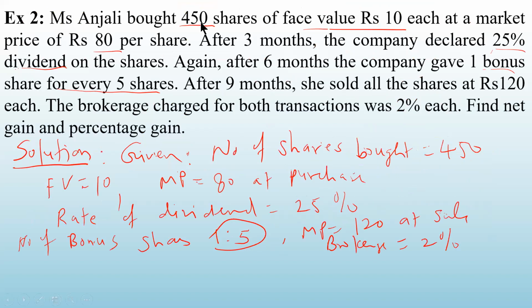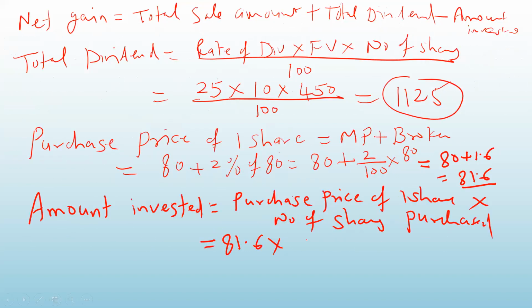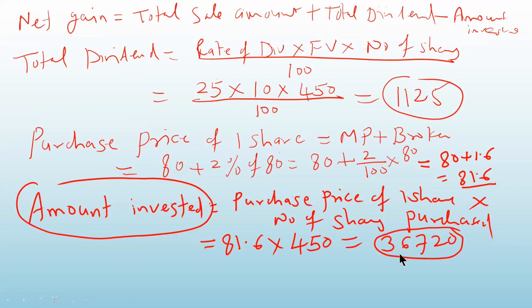She bought 450 shares. So 81.6 into 450. Find that out. How much? 36,720. So this is the amount invested. So we have calculated the total dividend, that is 1125, and we have also calculated the amount invested.